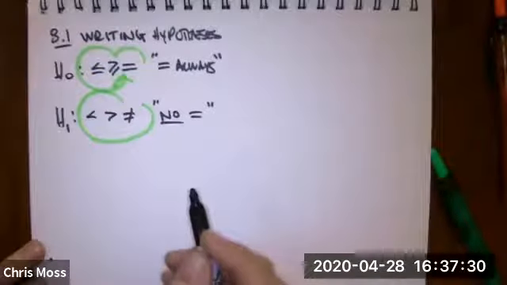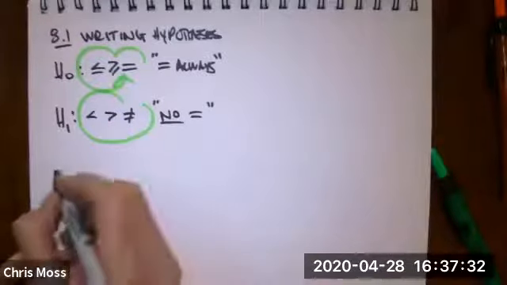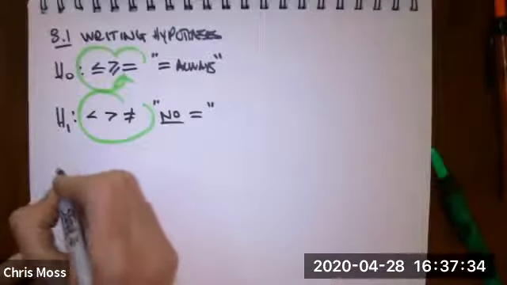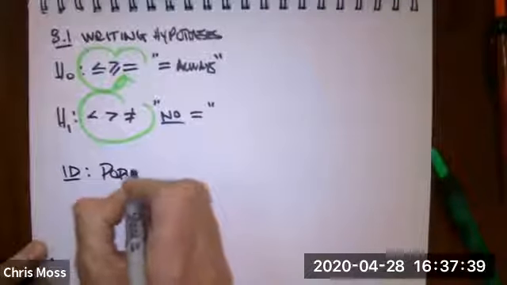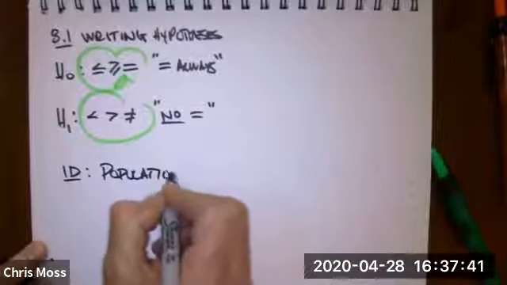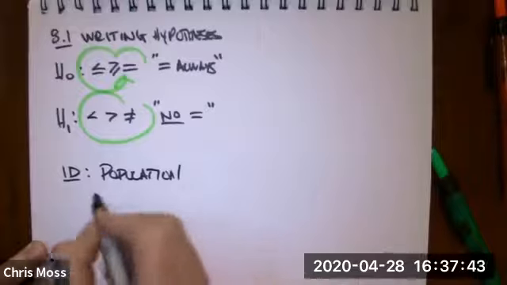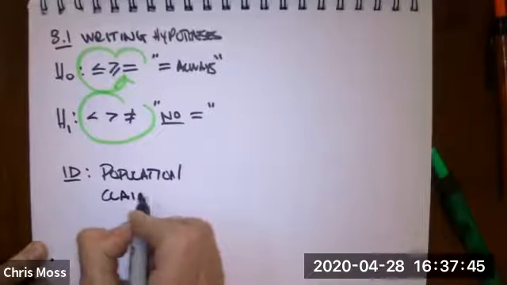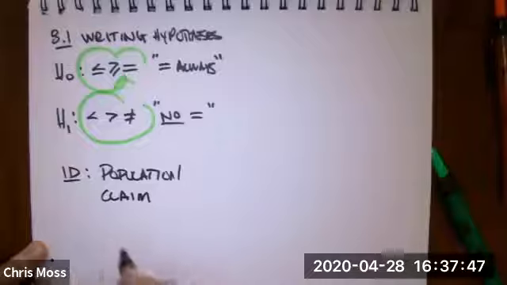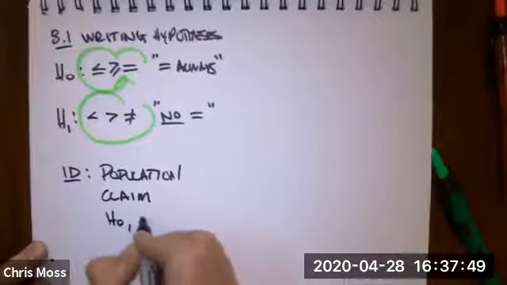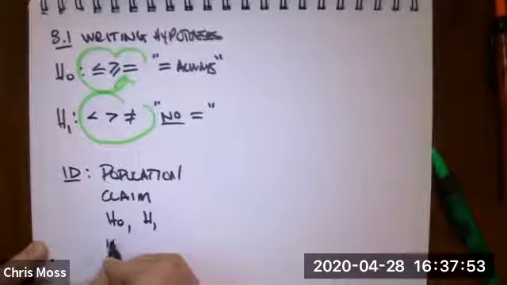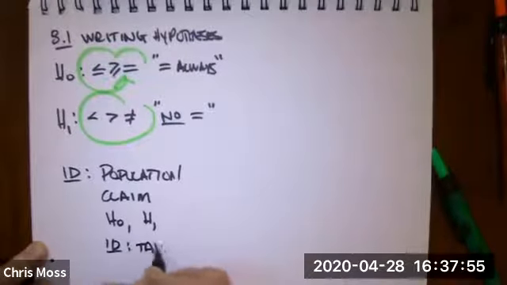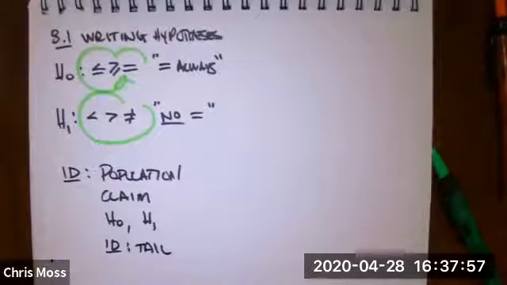So we're going to take a look at a couple of examples. We're going to do a couple of different things. We're going to identify the population that is being hypothesized about. We're going to take a look at the claim that is written. We're going to develop the null and the alternative hypothesis, and then we're going to try to identify the tail of the test.